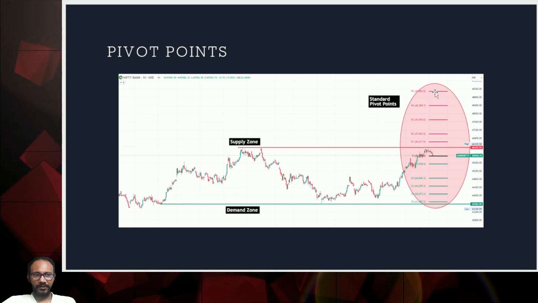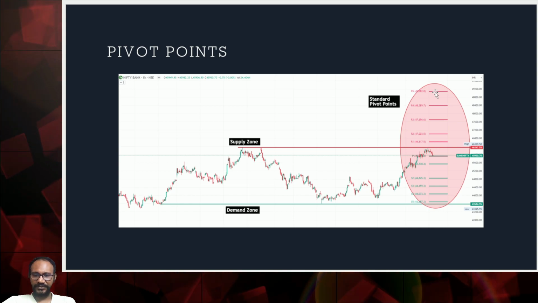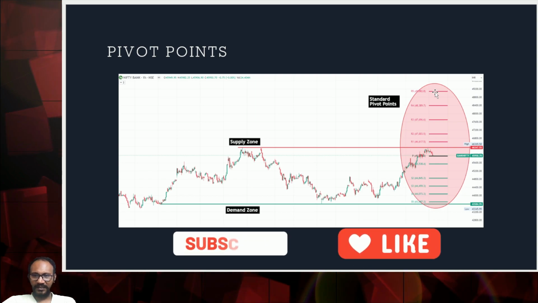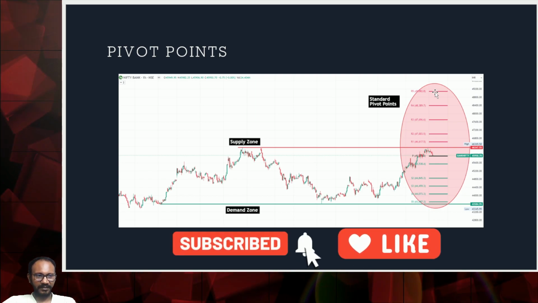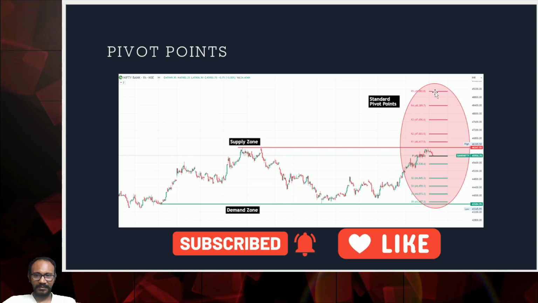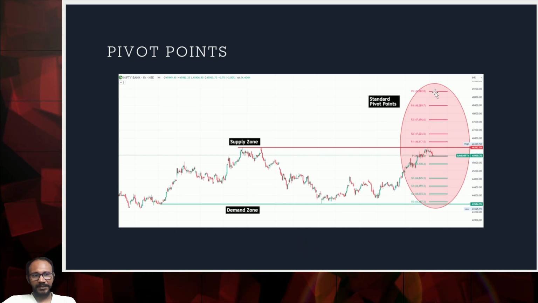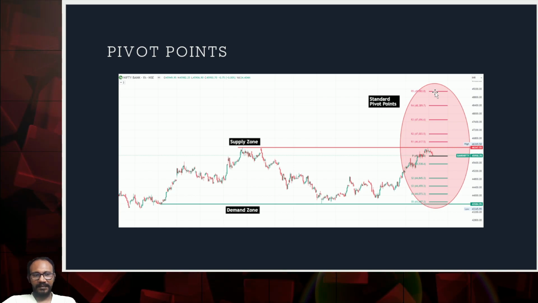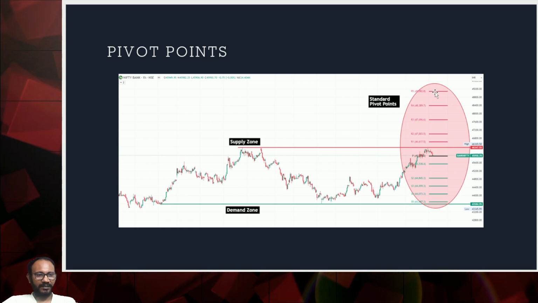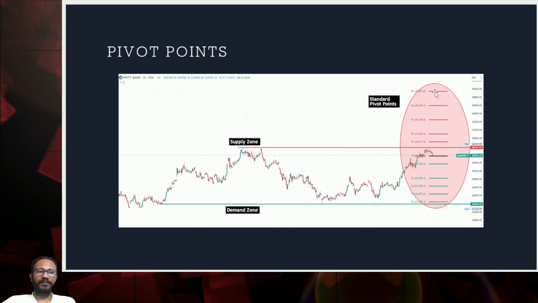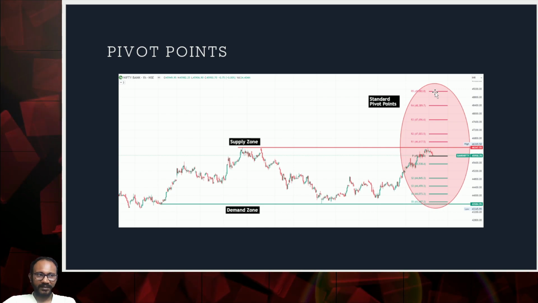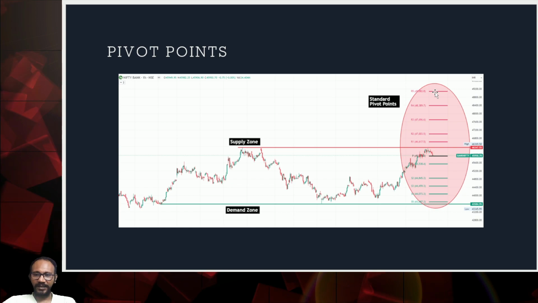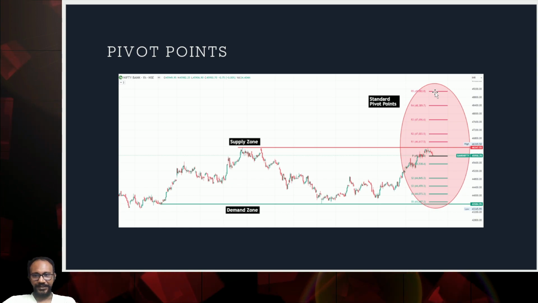So 5 supports and 5 resistances that it gives. It keeps changing on a daily basis based on the time frame that you choose. The levels could vary. Principally, this is more to say where likely you will find some support and resistance on an intraday basis. So standard pivot points is one significant factor to be considered in price action trading.